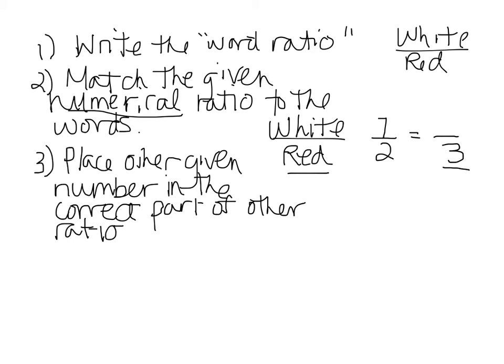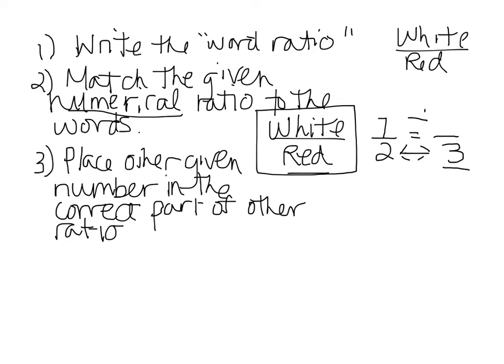And this is the whole reason for writing this word ratio. If someone makes a mistake on proportion problems, it's almost always because they've got the numbers in the wrong place. Red needs to match up to red, and white needs to match up to white.